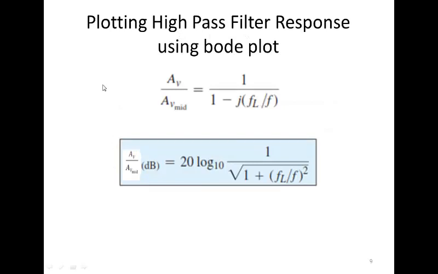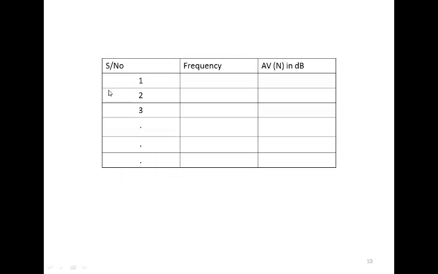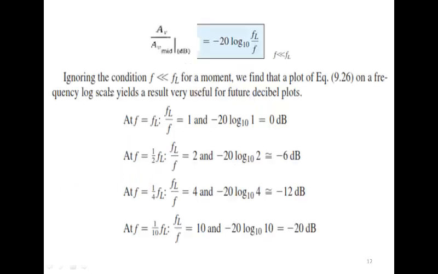For the low pass filter response, a similar kind of approximation can be done, and the response can be broken into segments. For the low pass you will also get a response having two straight line segments. One is for frequencies higher than the cutoff, and one for frequencies lower than the cutoff.